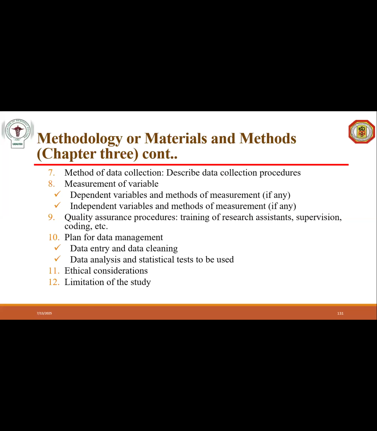You have now developed the instrument, your questionnaire and proforma. So how are you going to collect the data? That is method of data collection. You have to describe the method, the procedure, everything that you do in order to collect this data. This is where you describe it.